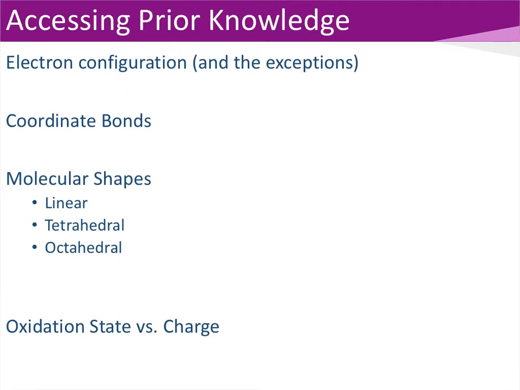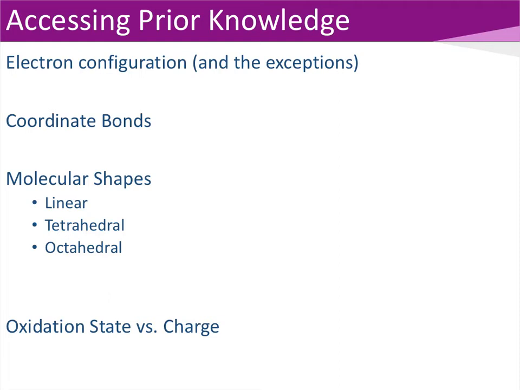Accessing prior knowledge, it will be helpful to remember electron configuration and the exceptions of chromium and copper. It'll be helpful to remember the idea of a coordinate bond, a bond formed when the pair of electrons in a chemical bond are donated by one atom. Helpful to remember some molecular shapes, such as linear, tetrahedral, and octahedral.